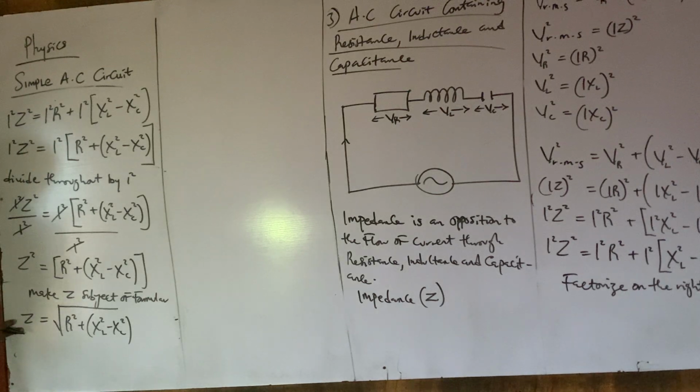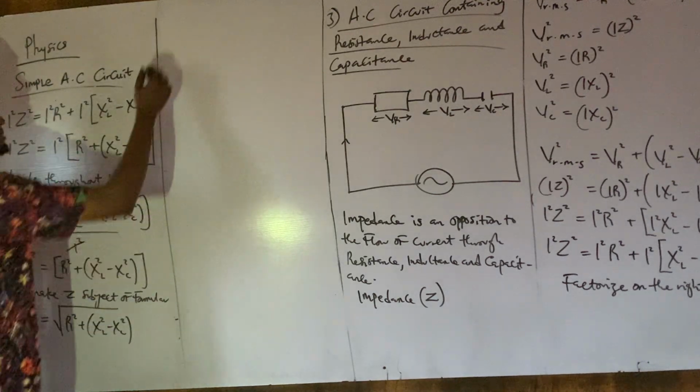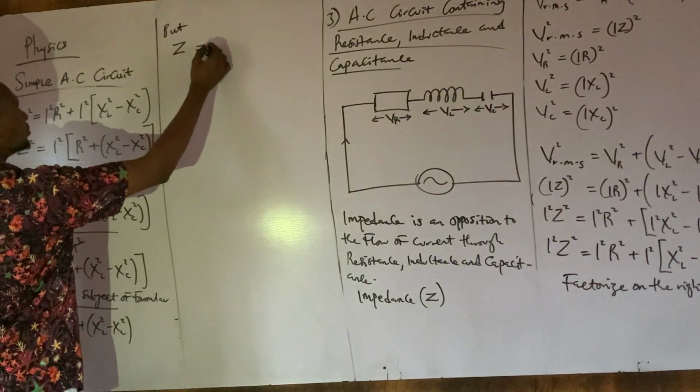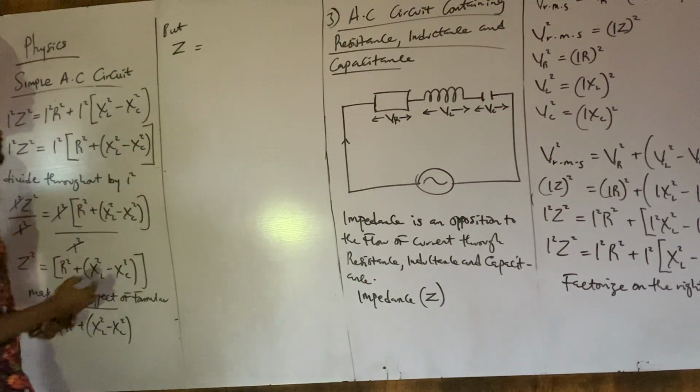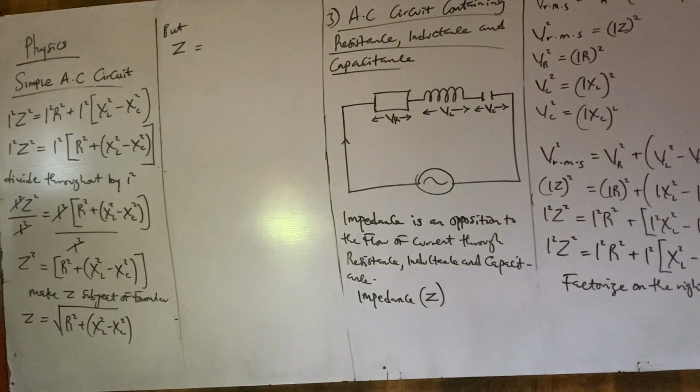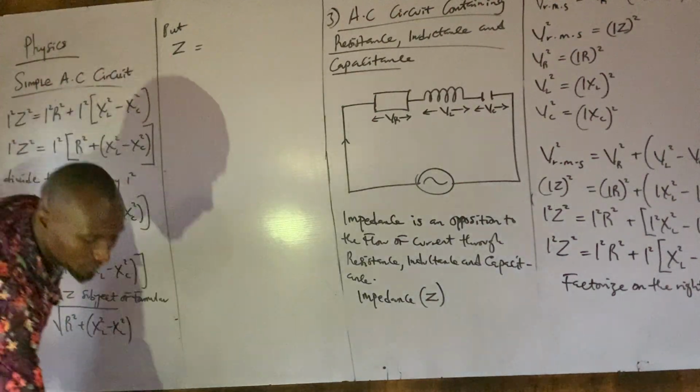No, sorry, this is the formula that we got now. But V is equal to, sorry, I is equal to V over Z. Are you there? I is equal to what?